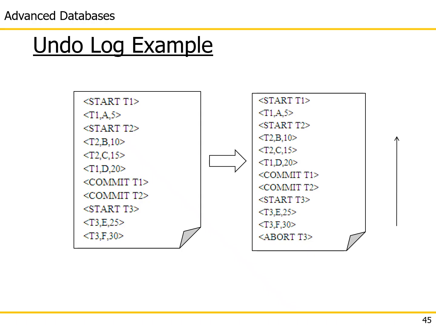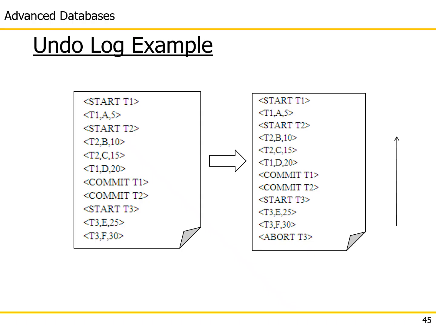So the recovery manager will do an undo to E and F that were being manipulated by T3 by putting 25 in E and 30 in F, and it will write abort T3, that this one has been aborted. By the way, the logs are actually quite useful even for security audits because they tell you what was going on just before a crash.